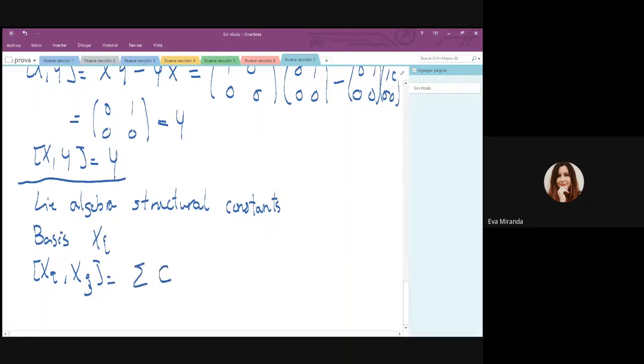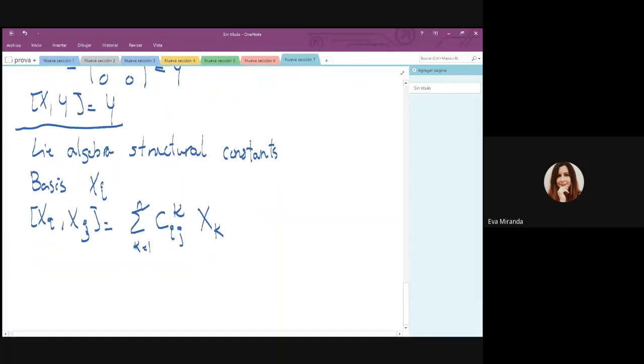I put a subindex ij and superindex k, and I denote this sum from k equals 1 to n. And these guys here are called the structure constants.